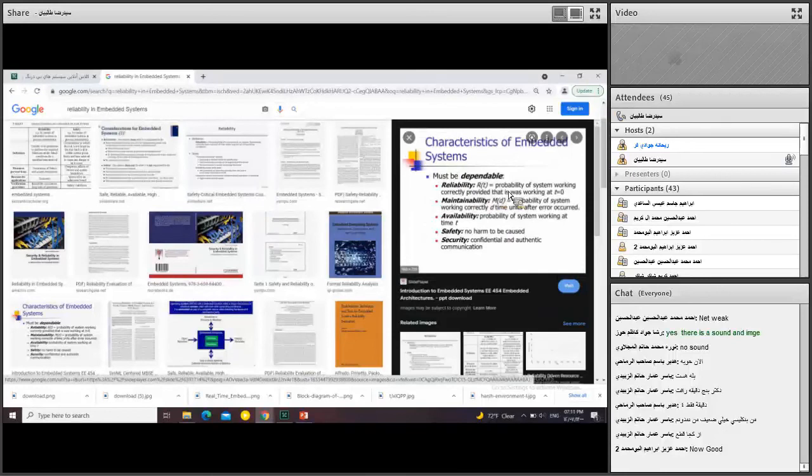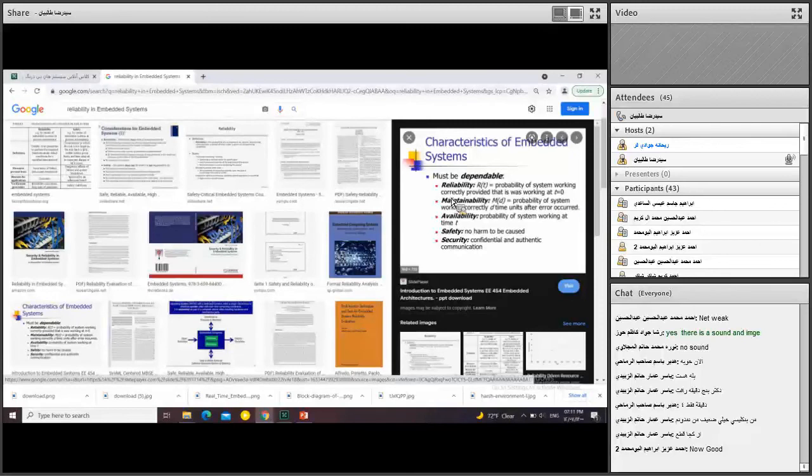Reliability: probability of system working correctly provided that it was working at t equals 0. It means that reliability is a probability, but the probability of correct working really.